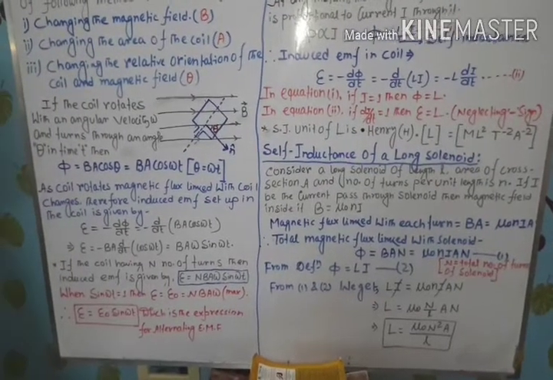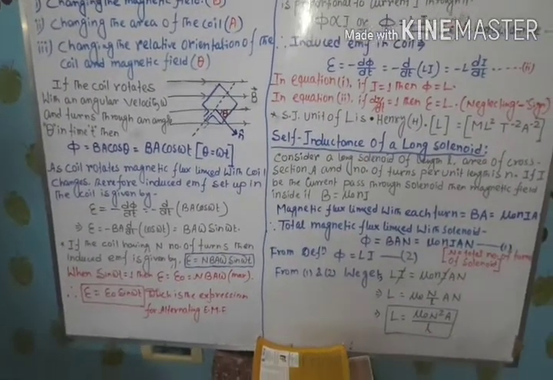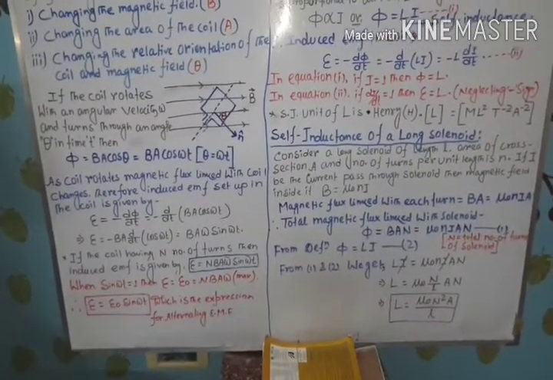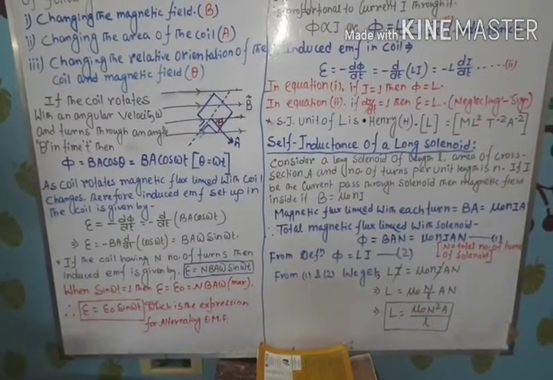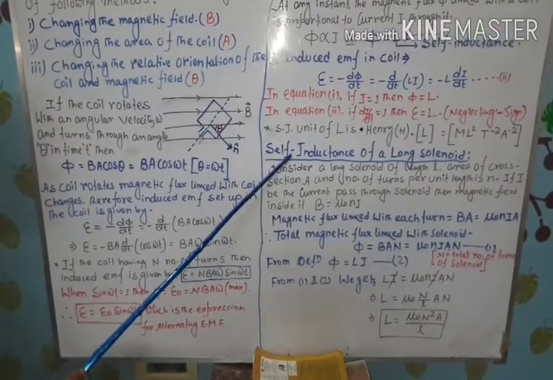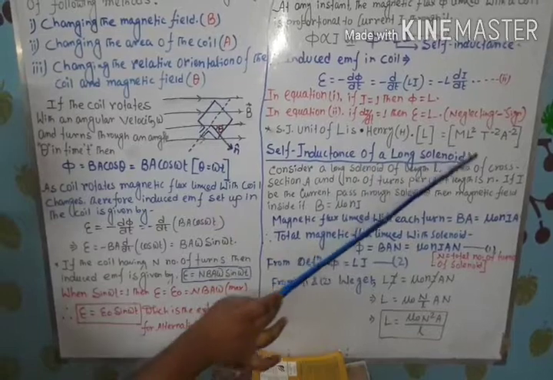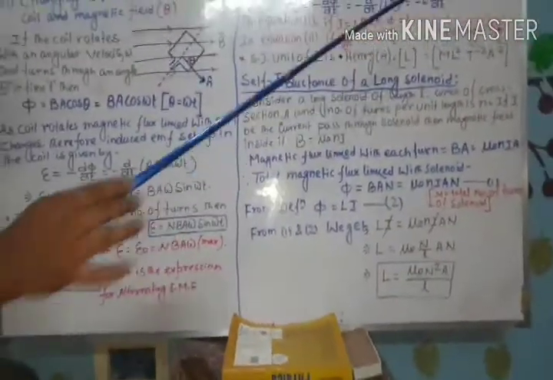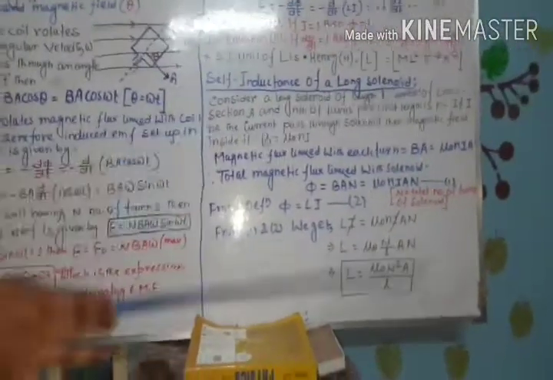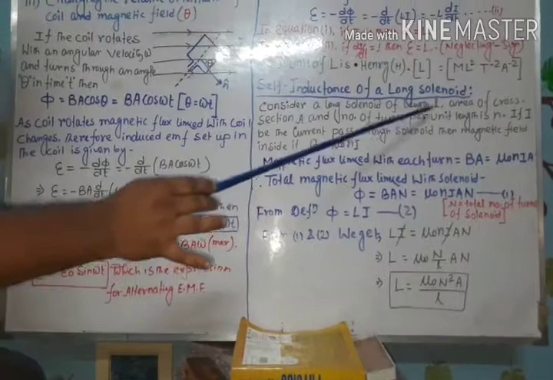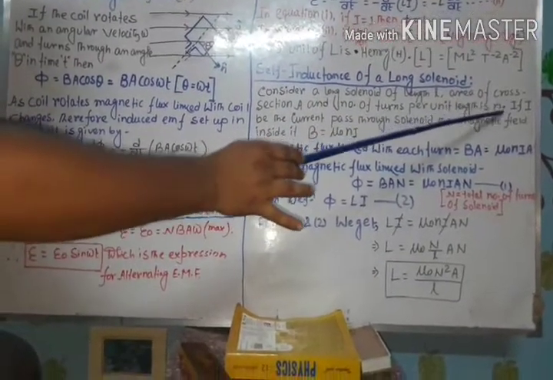Now student, we have to derive an expression for the self-inductance of a long air core solenoid. We consider a solenoid of length l, area of cross section A, and the number of turns per unit length is n.